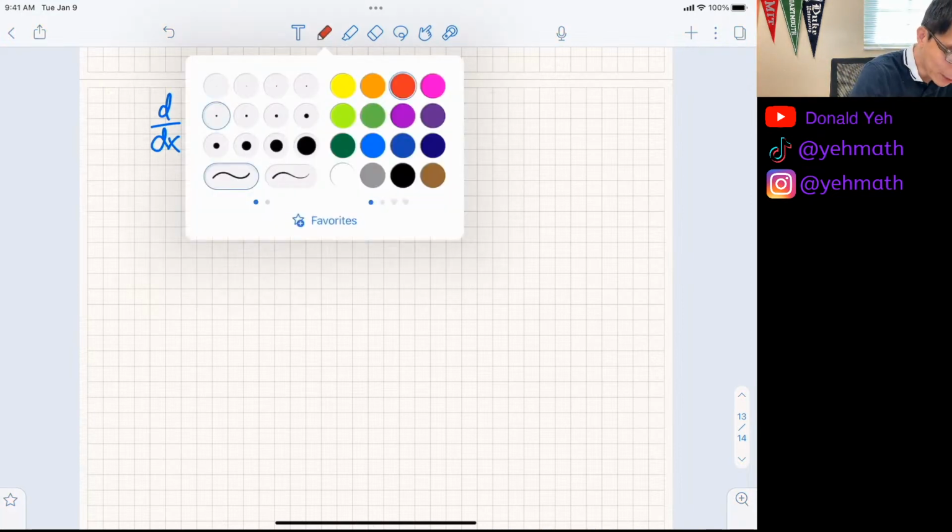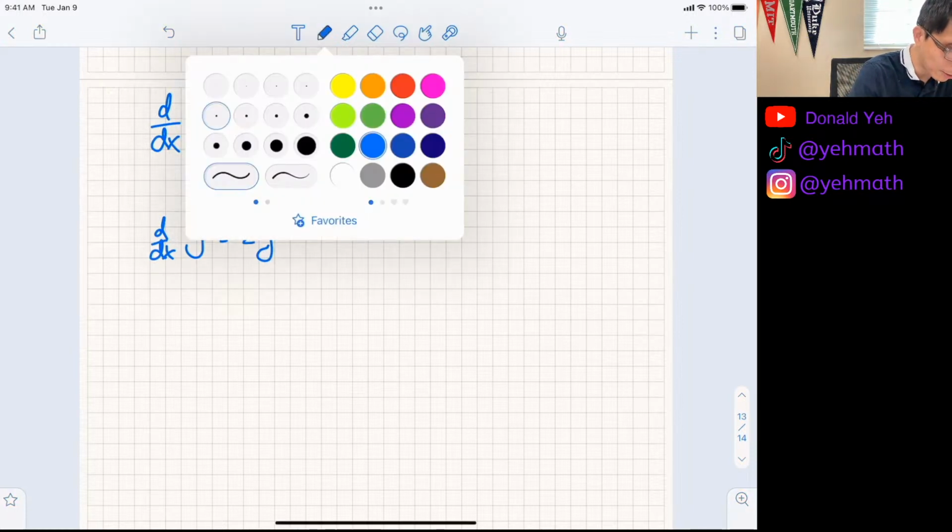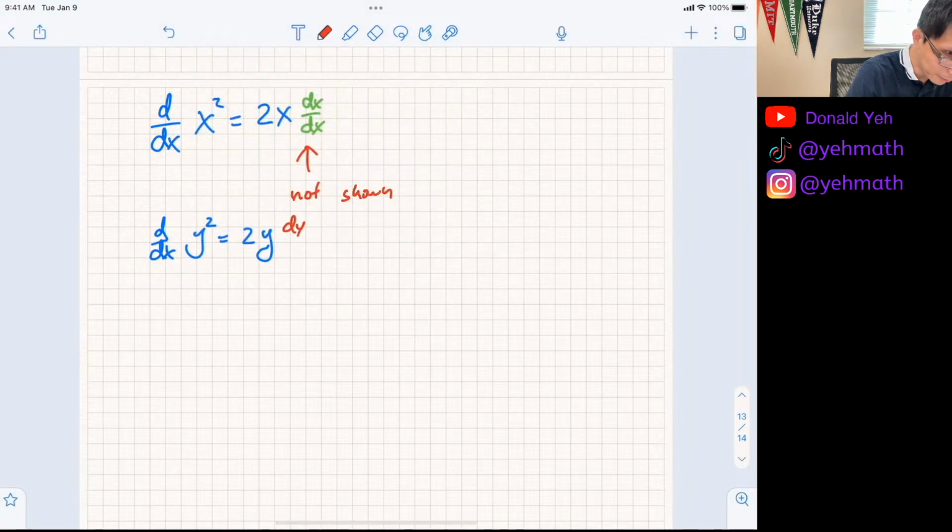Because what happens if you take d/dx of y squared? Pay attention. Again, there are 2 layers, right? So if I take a derivative of this, it's going to be 2y. Now this thing pops out: I have to take the derivative of y with respect to x. So dy/dx occurs. Do you guys understand?